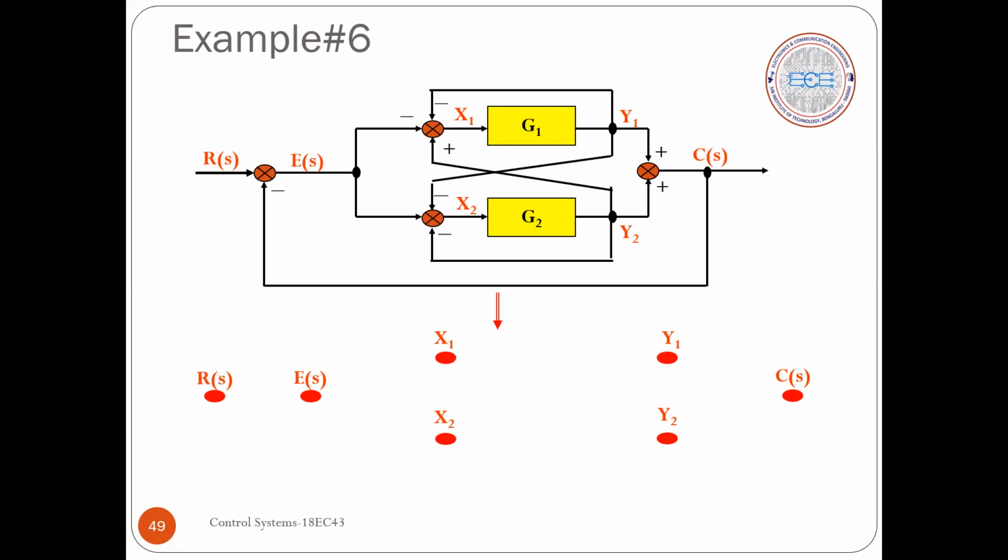There is no restriction for that, but we try to keep it so that the signal flow graph resembles the block diagram, so that it is easy to identify if there is any part or any branch missing. Because of that we will have it. Otherwise, there is no condition that x1 y1 should be above x2 y2.